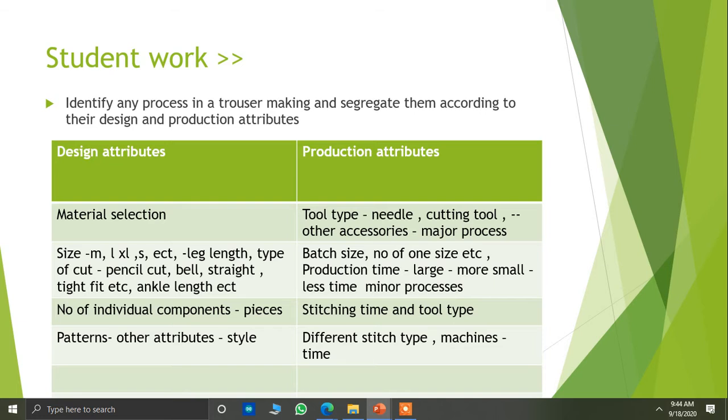Okay, so identify what is the process that is being used. First, the question is to identify any process in trouser making and segregate them according to their design and production attributes. Can you name a few apart from the things that are put in the table?